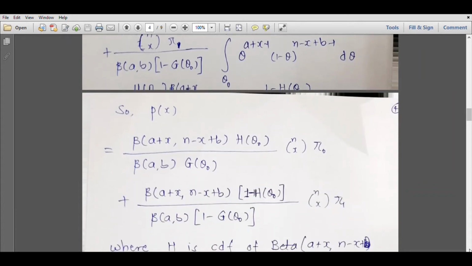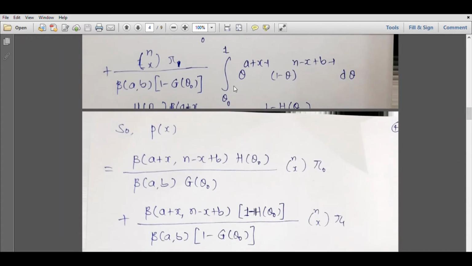Similarly in the second term we will have beta(a plus x, n minus x plus b), where the same beta density is now integrated over the range θ0 to 1. As a result this will be 1 minus H(θ0), into n choose x π1, with beta(a,b) in the denominator and 1 minus g(θ0) also there.